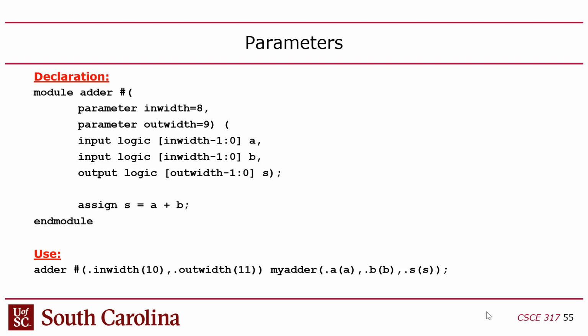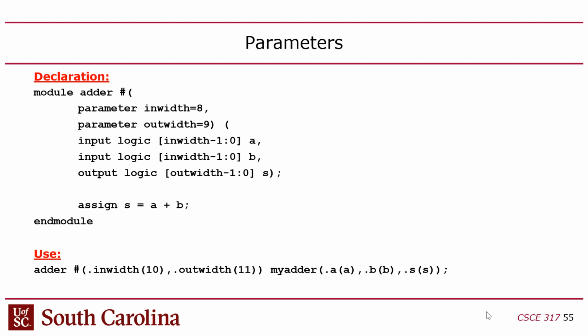But the way you do it is you have module and then the name of the module, in this case adder, and then you list the parameters, but you put them in parentheses and you put a hash sign or a number sign there first, okay? And then you have parameter, name, default value, comma, and as many as you want. And then close that parenthesis and open up a new parenthesis for the inputs and outputs.